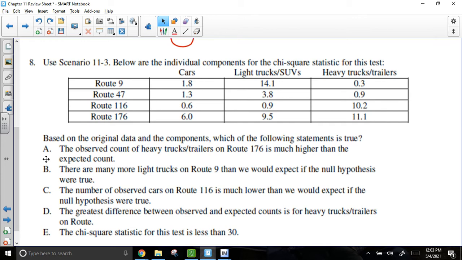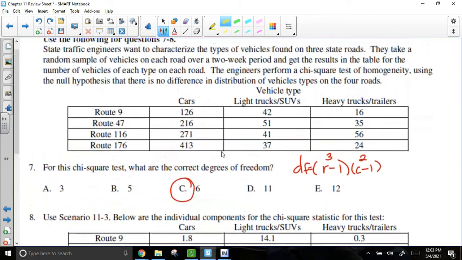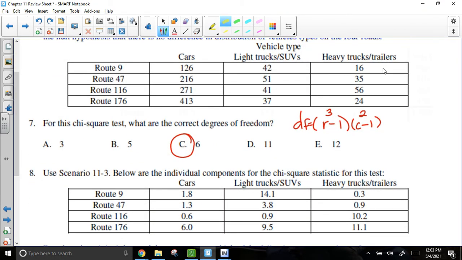Part A says the observed count of heavy trucks and trailers on Route 176 is much higher than the expected count. Well, again, this one's going to take a little bit of looking around and calculating some things. They're talking about the observed counts of heavy trucks and trailers on Route 176. So let's look at heavy trucks and trailers on Route 176.